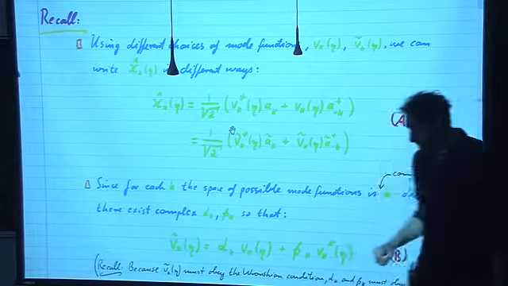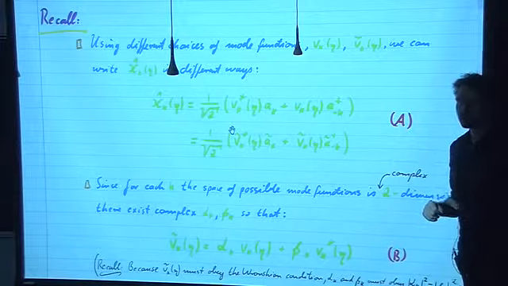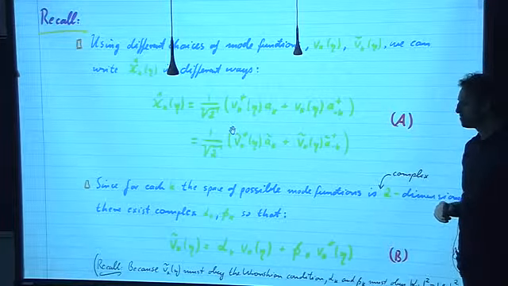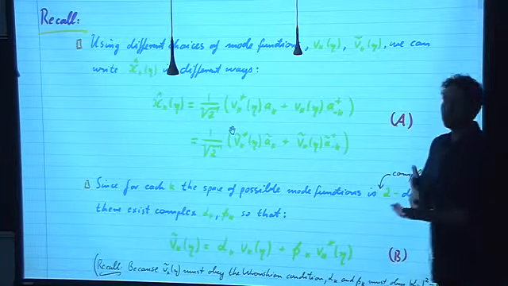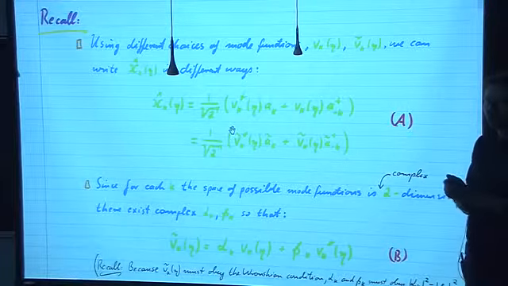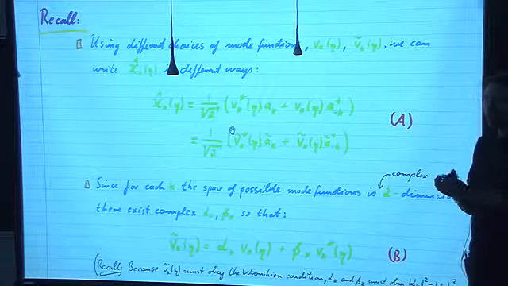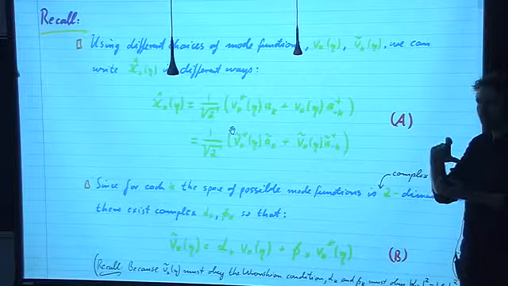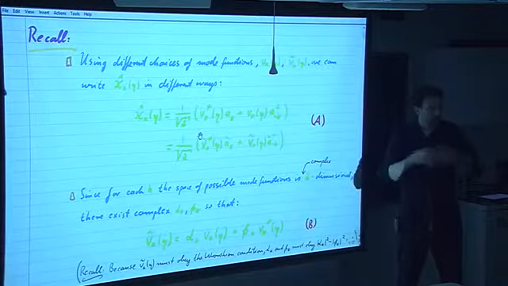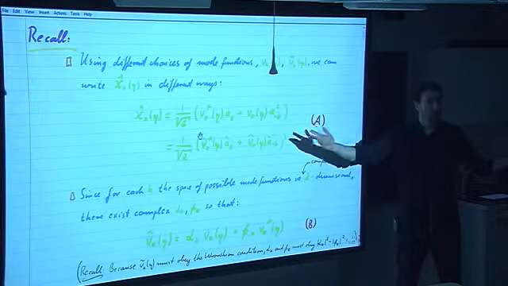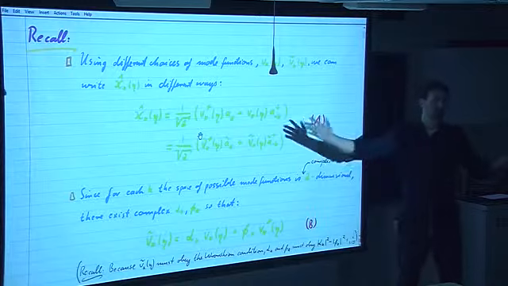And the Klein-Gordon equation is a second-order equation, second order in time, which means that if you choose a particular point in time, and at that point in time you give the amplitude of a mode function and its derivative, then the equation of motion, the Klein-Gordon equation, will determine what the mode function is at all times.